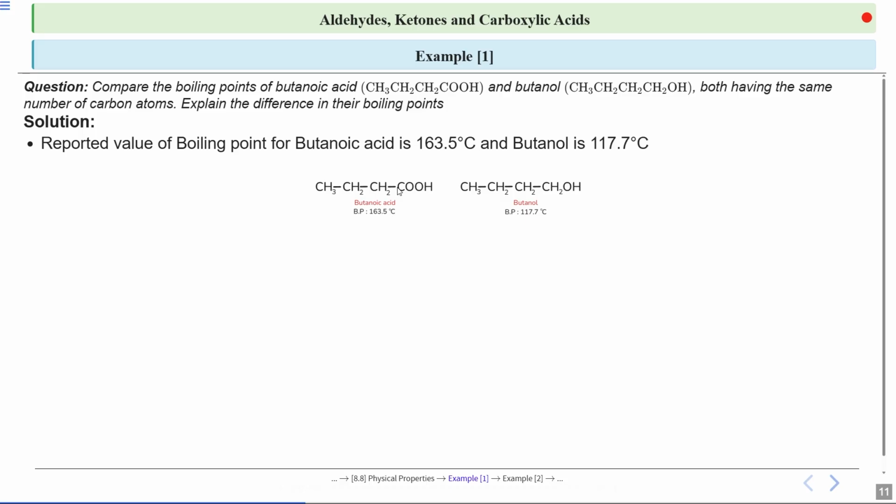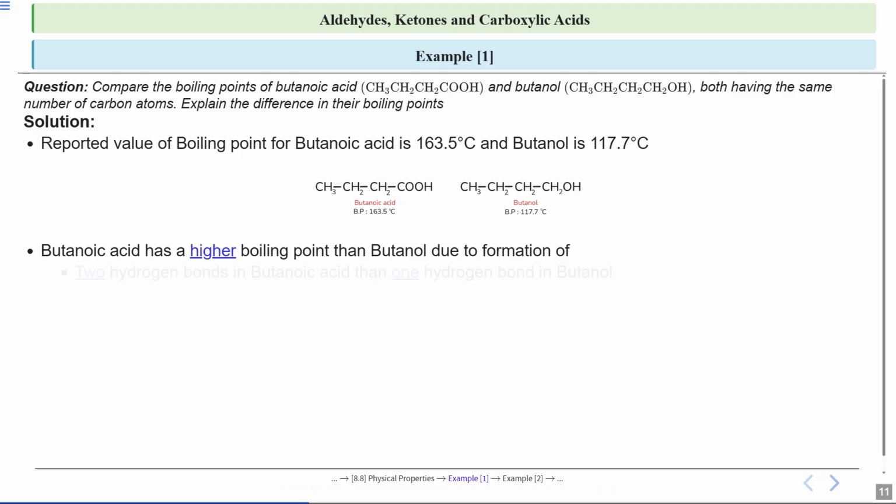And if you look at butanol, 1, 2, 3, 4, here also there are four carbon atoms, but the difference is in their functional groups. Butanoic acid is a carboxylic acid, whereas butanol is an alcohol. So butanoic acid has a higher boiling point than butanol.